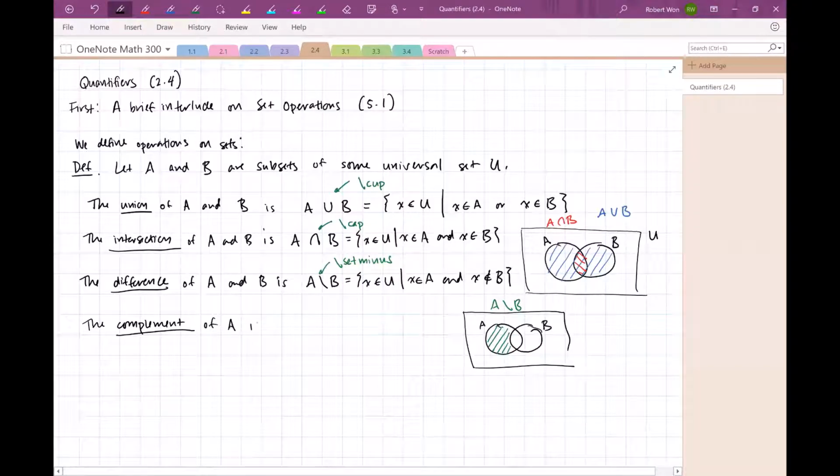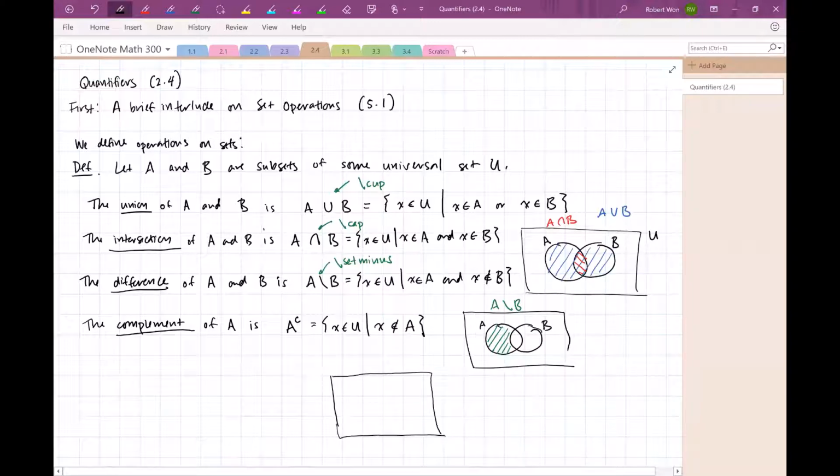The complement of A is A complement. It's the set of all x's in U such that x is not in A. This is just a superscript C that I'm using. What does this look like? I guess the last picture here.